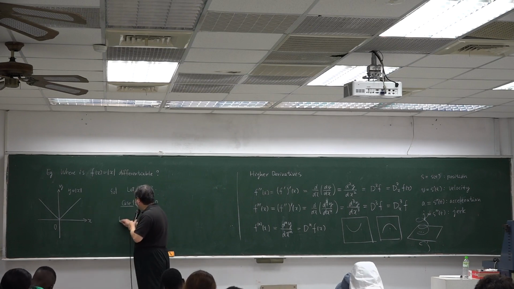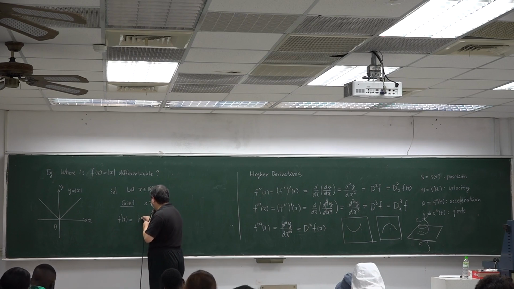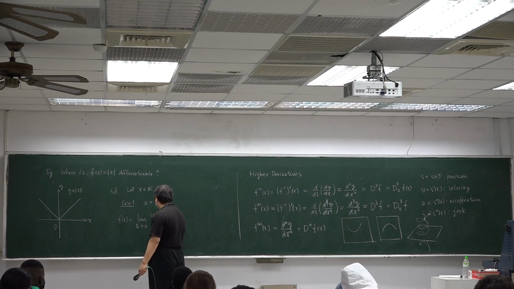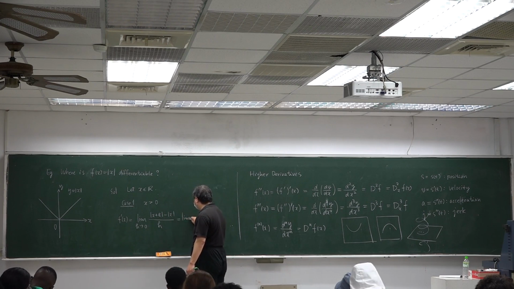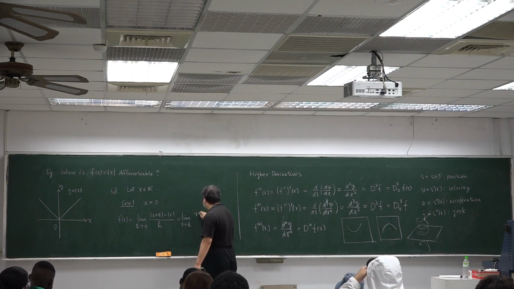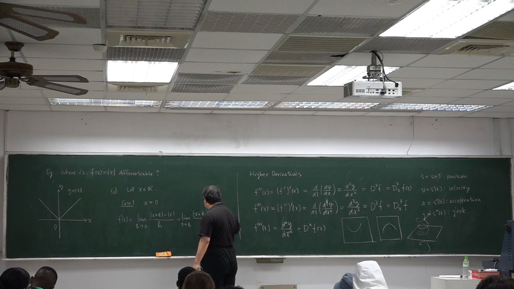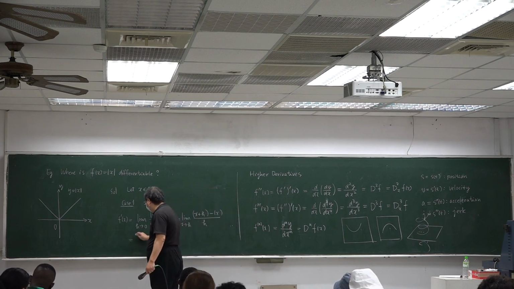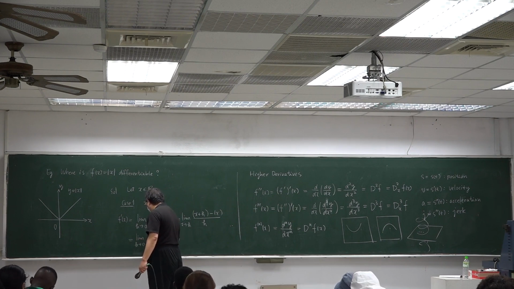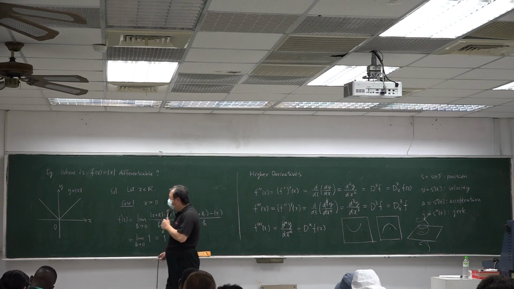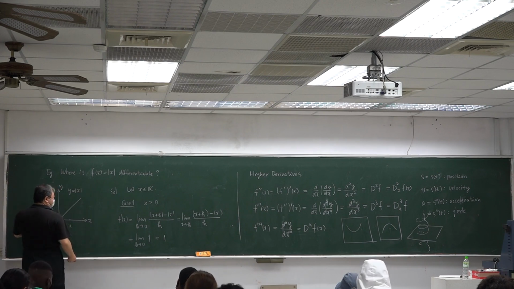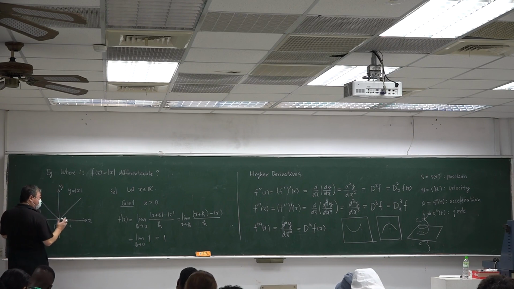Well, if x is positive, then by definition, for any positive number x, if h approaches 0, we can choose h not large, for example, less than maybe half of x.